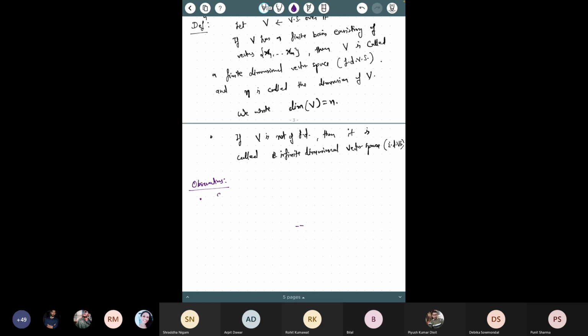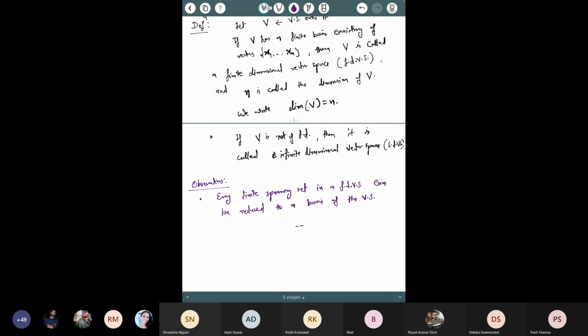So every finite spanning set in a finite dimensional vector space can be reduced to a basis of the vector space.